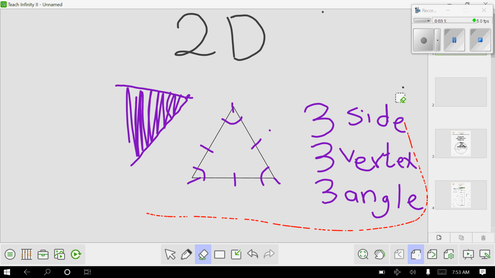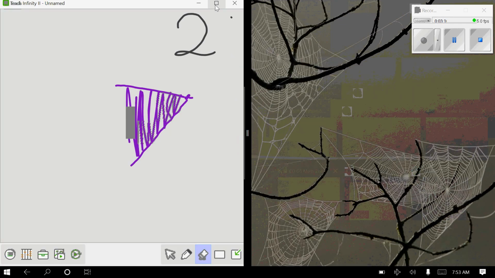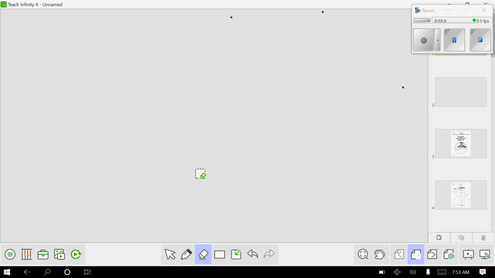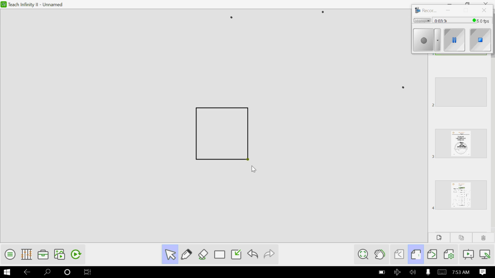Let's see the other shapes. Okay, the other shape I have here is a square. Perfect. The square is a 2D shape.